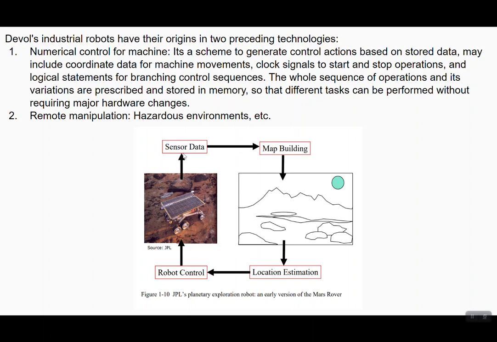It takes in sensor data, and it builds a map just like this to estimate the location where the robot is at a particular given moment of time, and then it performs the control of the robot, the movement of the robot forward, back, sideways, whatever it is. Just as an example of how the Mars rovers work.